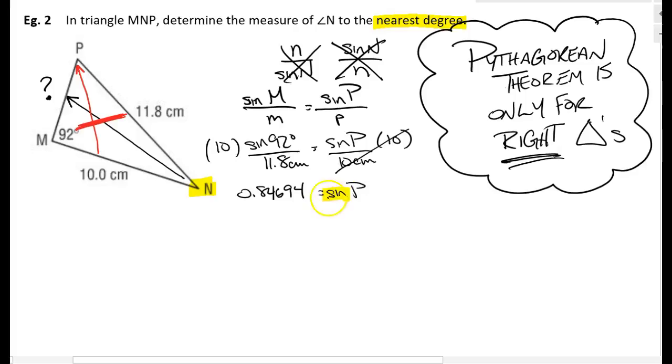And how do we get rid of our sine function? We take the inverse of it. So to undo the sine function, we talk about sine inverse of 0.84694, etc., equals angle P. I'm going to punch that in.